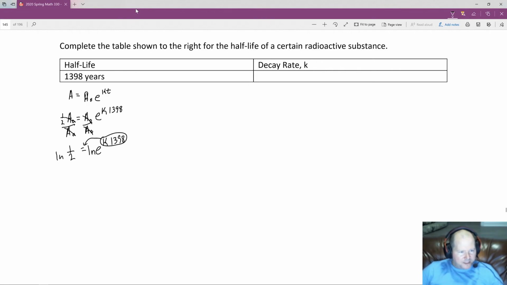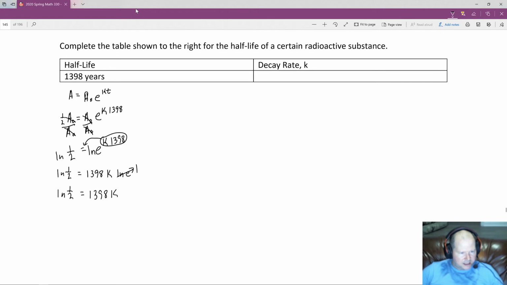Now at this point I end up with the natural log of 1/2 is equal to 1,398k natural log of e, and natural log of e just goes to 1. So I end up with natural log of 1/2 equals 1,398k.